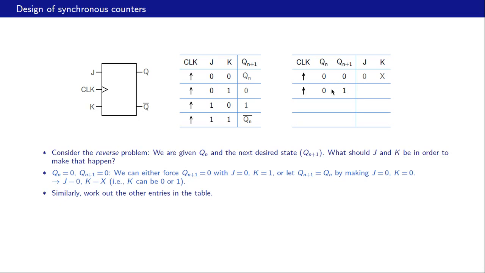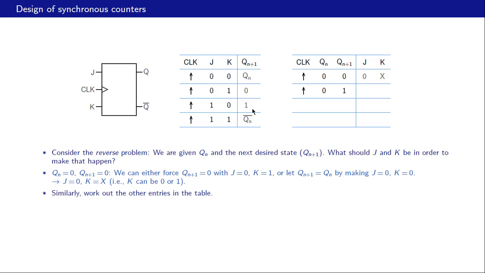Now let us consider this next case. If Qn is 0 and Qn plus 1 is required to be 1, then what can we do? One thing we can do is have J equal to 1, K equal to 0. That will force Qn plus 1 to be 1.